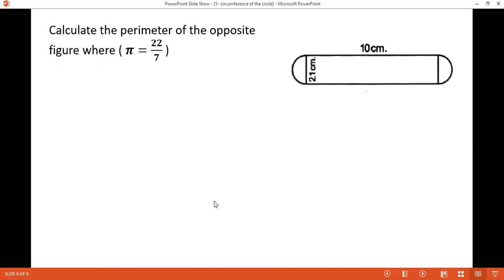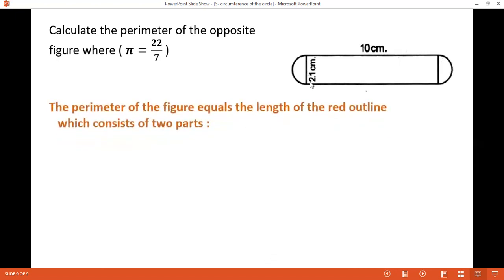Okay, this is an important question. Calculate the perimeter of the opposite figure where pi equals 22 over 7. This is a half circle and this is a half circle, semicircle and semicircle. So I consider this part and this part as one circle. So I'm going to start by getting the circumference of the circle.